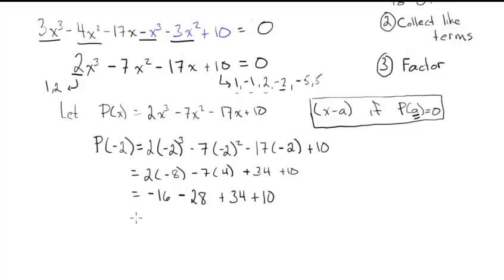Add 10, we get 0. So that tells me that p at -2 equals 0.